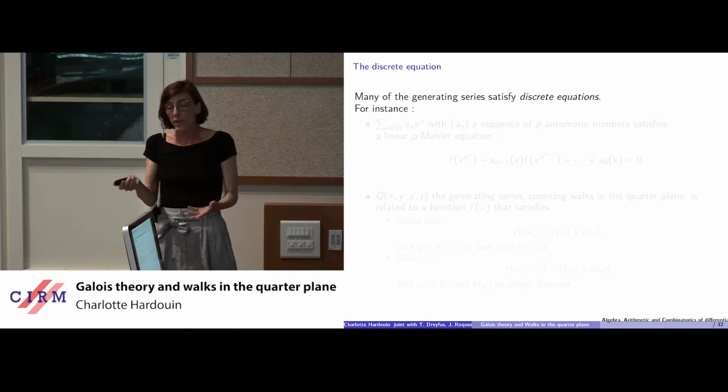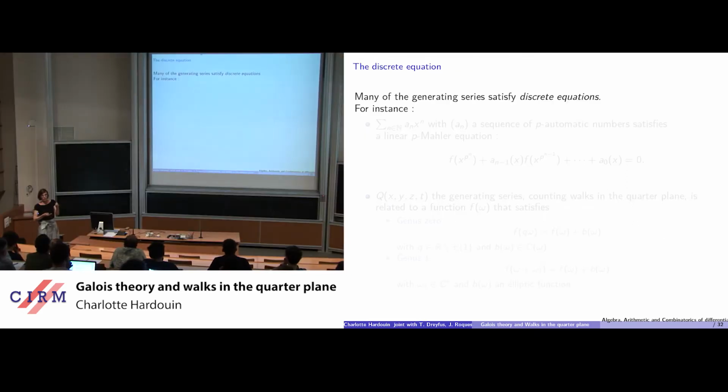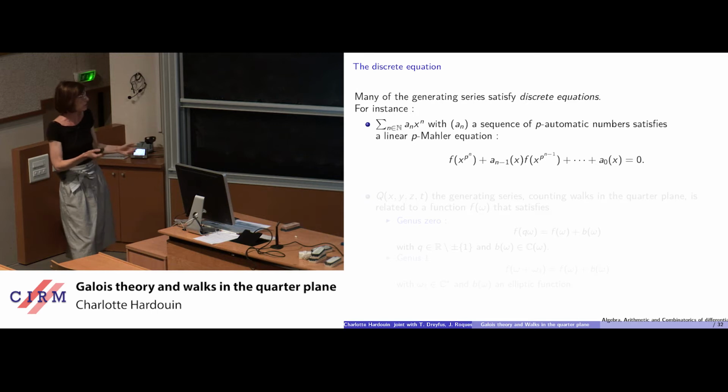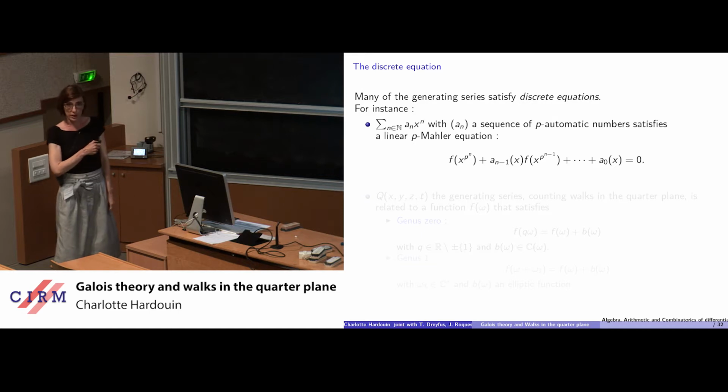So in many cases, we will use some extra information on the special function, and this extra information is that it satisfies a discrete equation. For instance, if you are looking at some generating series attached to a p-automatic sequence, it satisfies a linear p-Mahler equation, where the dynamic is given by the exponentiation of the variable by p.